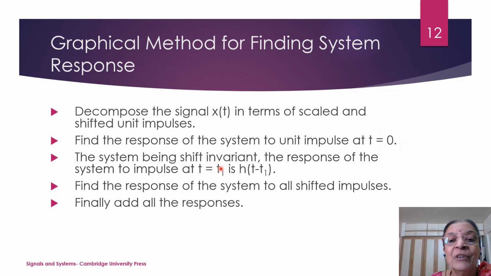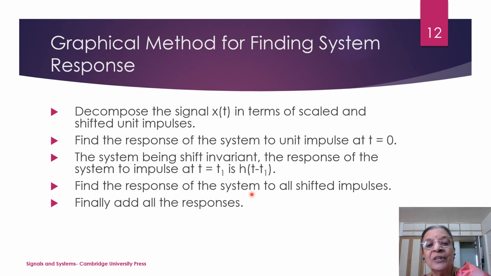Now, since we assume that it is an LTI system, it is shift invariant or time invariant, so the response of the system to the impulse at t equal to t1 will be equal to h(t minus t1). So we get the impulse response at any particular time instant t. Now find the overall system response to all the shifted impulses and then add all the responses, or integrate, over the entire interval.